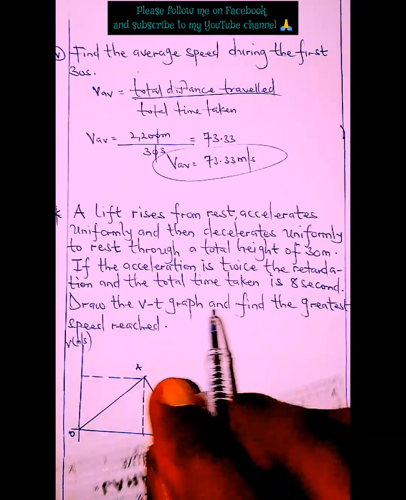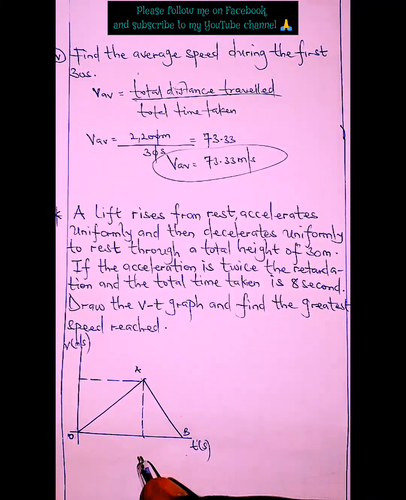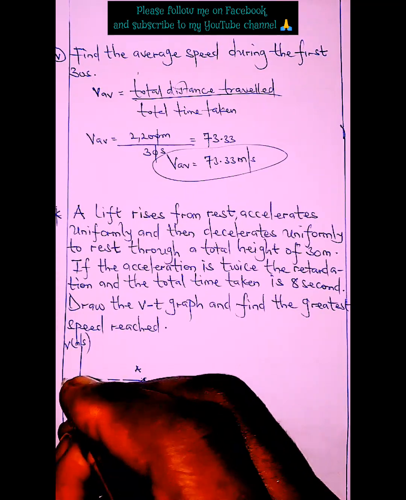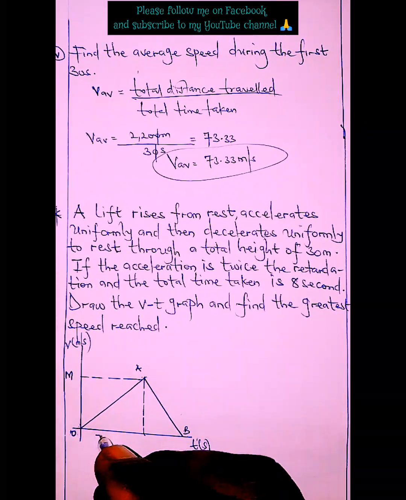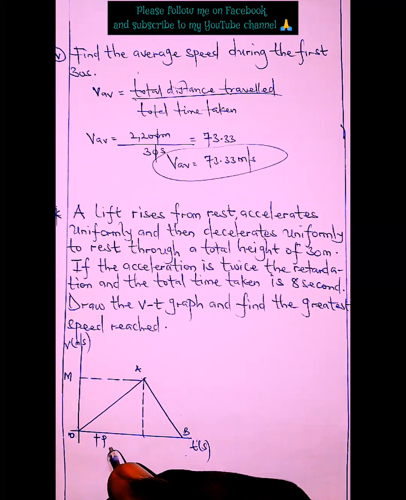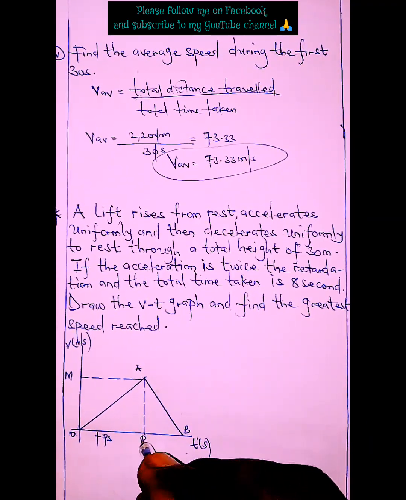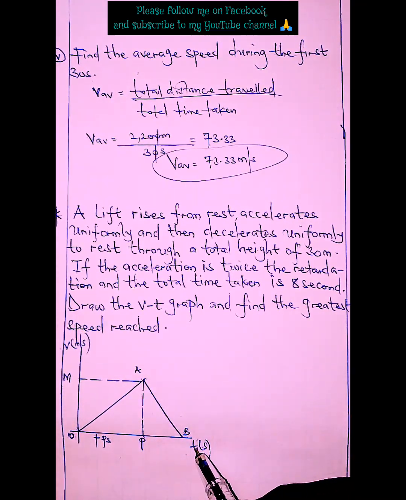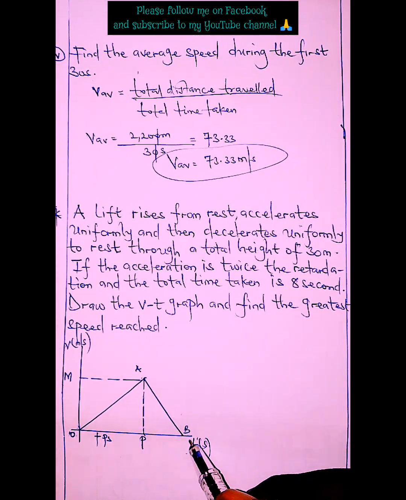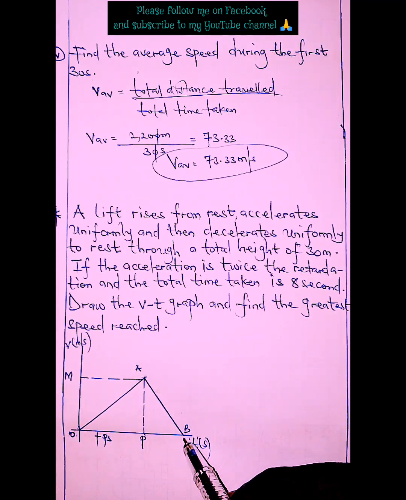We are not told the max speed the body attained, but we know the body got to a given speed. So let's say the max speed was m, and it took the body p seconds to get to this max speed m. Then it takes the body another q seconds to return from max speed m to rest.